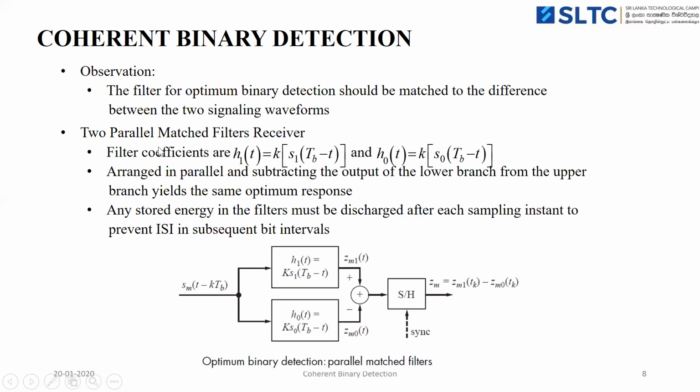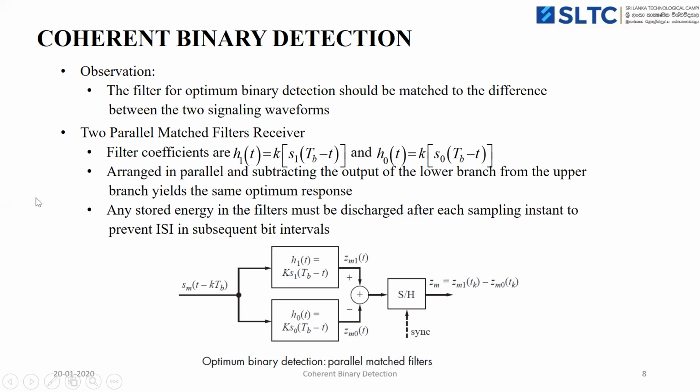There is another type of receiver, where we use two parallel matched filters. Each filter is designed by the respective signaling waveform, S1 for binary 1 and S0 for binary 0. So the filter coefficients h1 of t and h0 of t are designed using the signaling waveforms S1 of t and S0 of t.